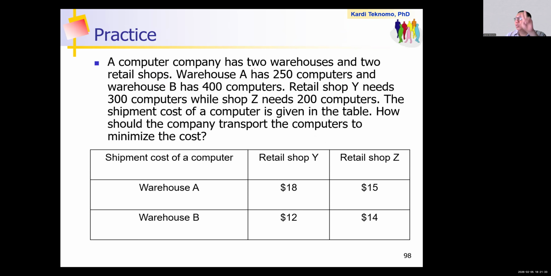A computer company has two warehouses and two retail shops. So warehouse A, warehouse B, retail shop Y and Z. Warehouse A has 250 computers, and warehouse B has 400. Retail shop Y needs 300, and Z needs 200.